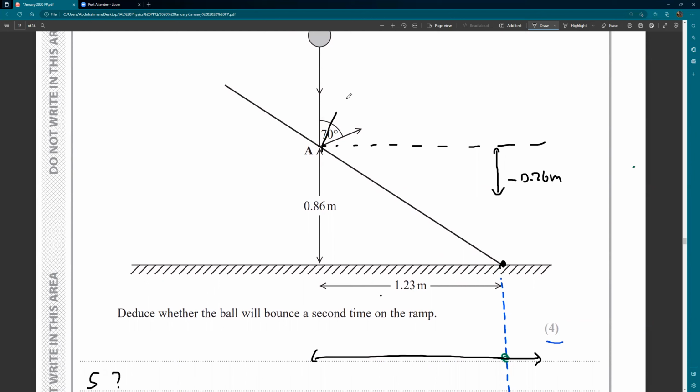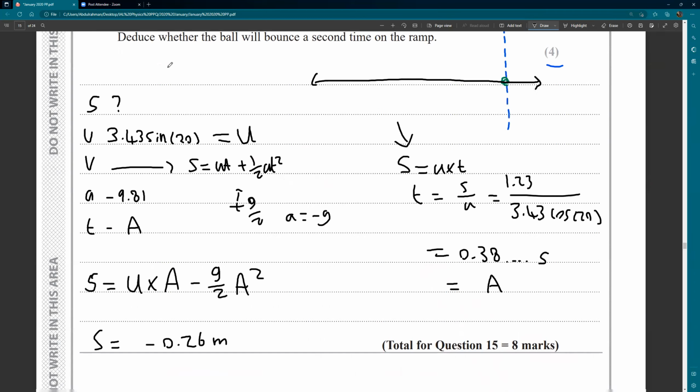So it would have perhaps done something like that, right? And clearly it would not have bounced a second time. Okay, I hope that makes sense. Bye.